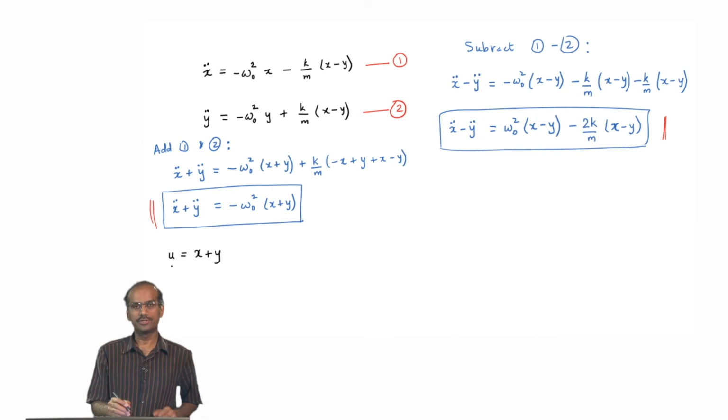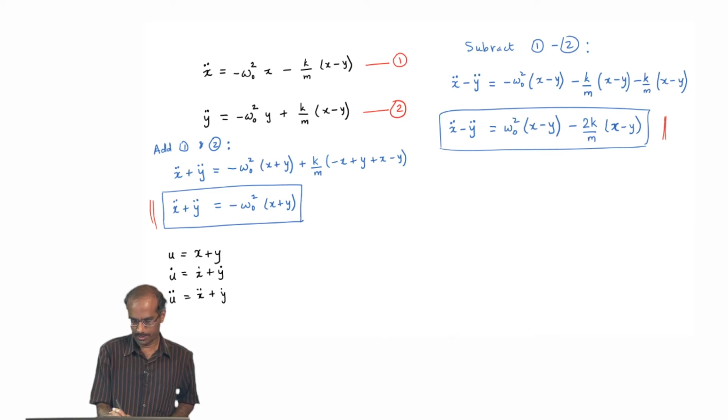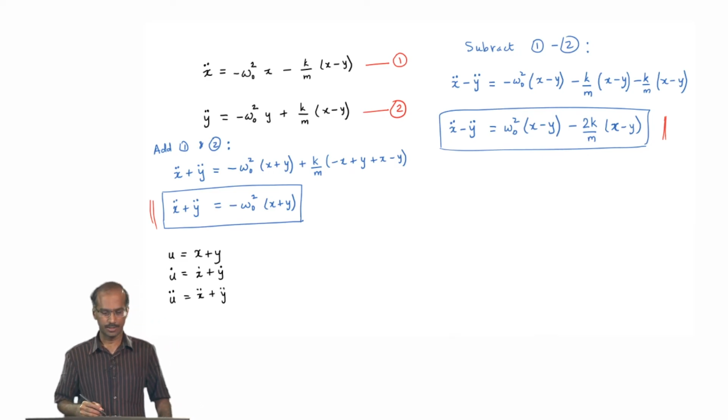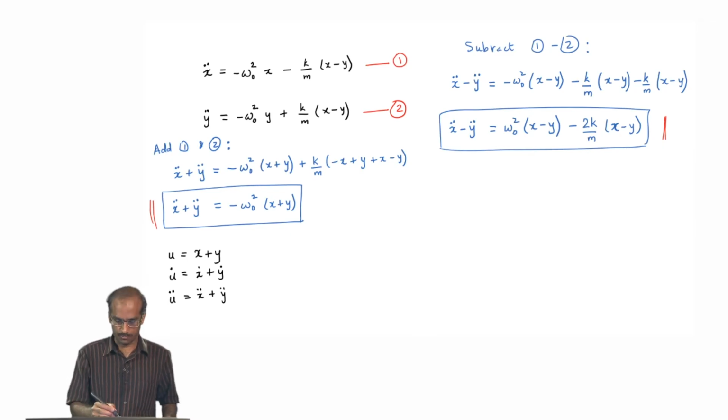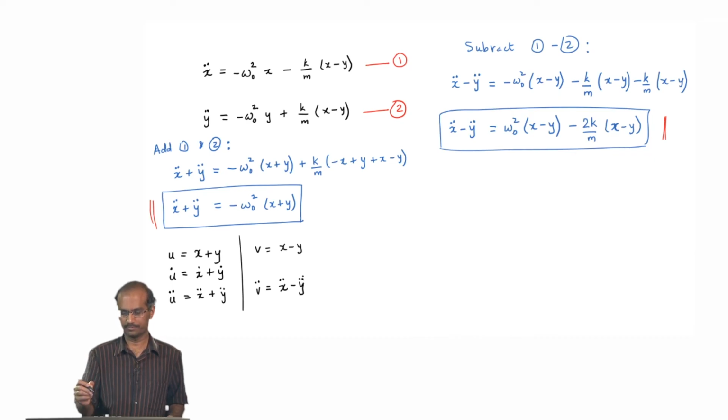If u is x plus y, u dot will be x dot plus y dot. Similarly, u double dot will be x double dot plus y double dot. Following the same recipe, you can also call v equal to x minus y, and v double dot will be equal to x double dot minus y double dot.